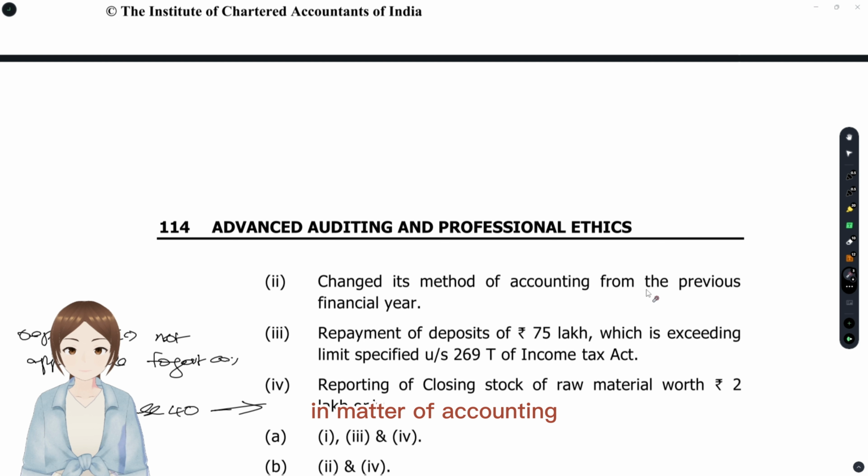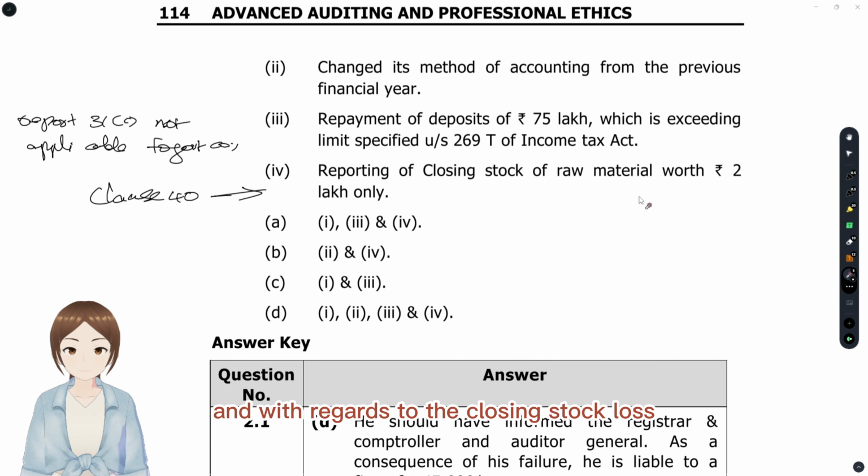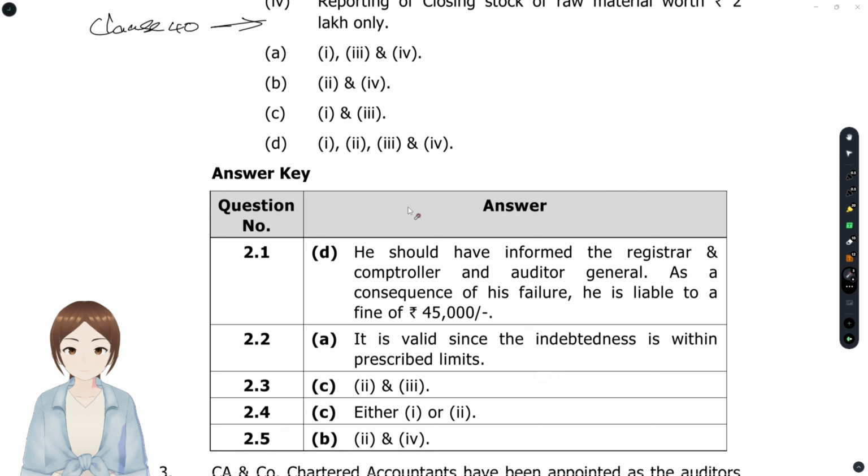Change in method of accounting, they have to report. Repayment, that is, they have to report it in clause 31C with regards to 269T repayment, but since it's a government company, it need not report the same. And with regards to the closing stock, clause 40, it has to be reported. So 2 and 4 are the things they have to report. Option B is the most appropriate answer.